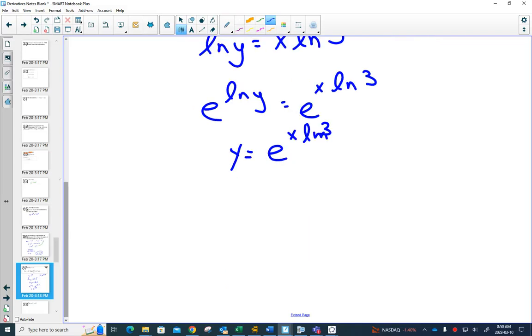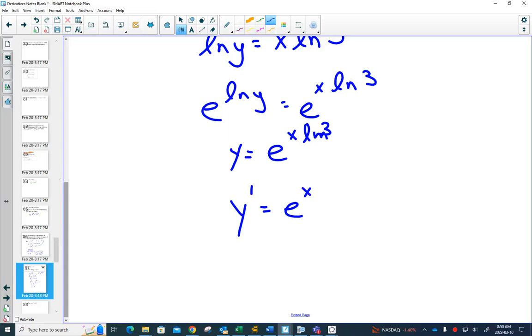So I want to find the derivative of this. It is going to be a chain rule, because inside the e to the x, we have a number times x. So how do we do a chain rule? Again, we have to decide what function is inside, what function is outside. The outside function is the e. The derivative of e to the x stays the same.